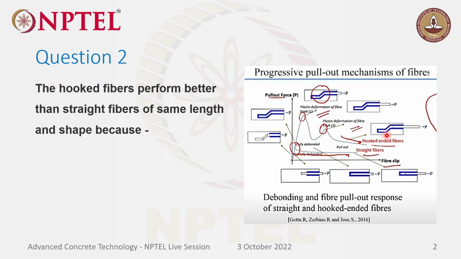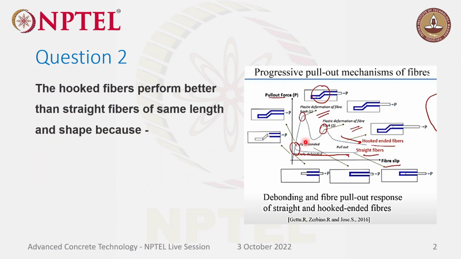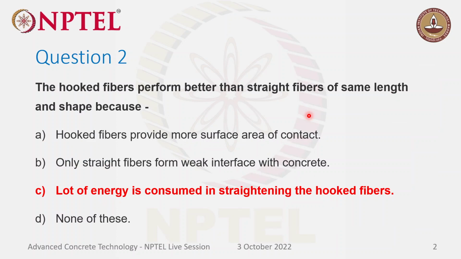That's why hooked fibers perform better compared to straight fibers. That's why we can see these peaks in the stress strain curve, which can be related to the plastic deformation of the fiber hoop, which is bent.